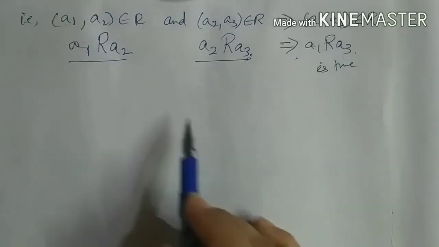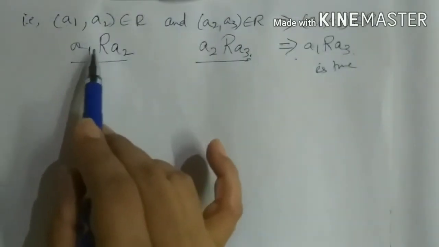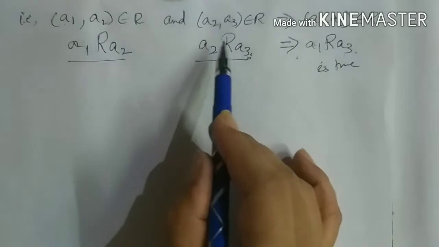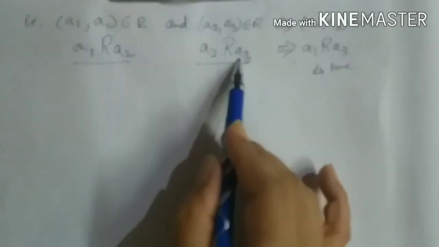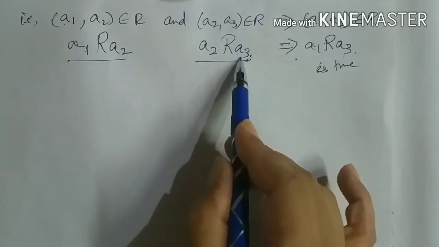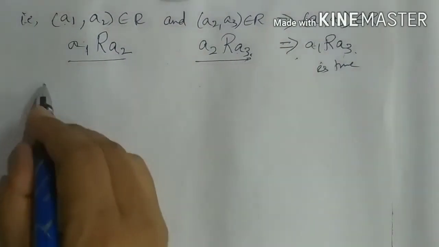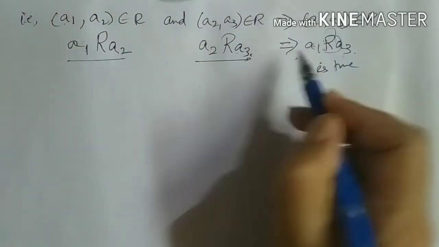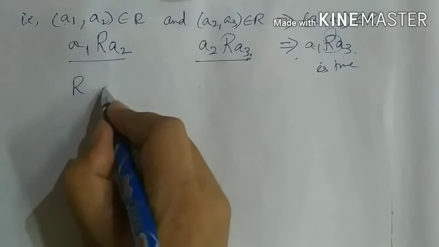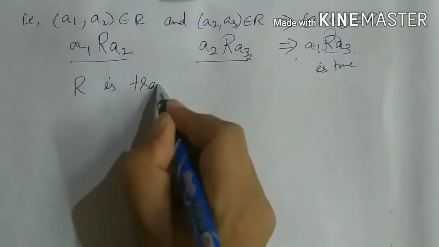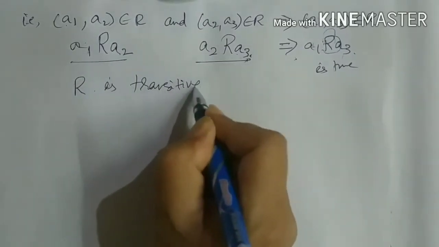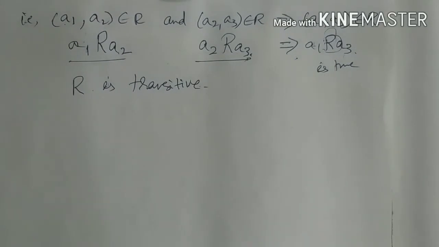First and foremost, these two conditions, a1 related to a2 and a2 related to a3, both should be true. Then we say that the relation R is transitive.